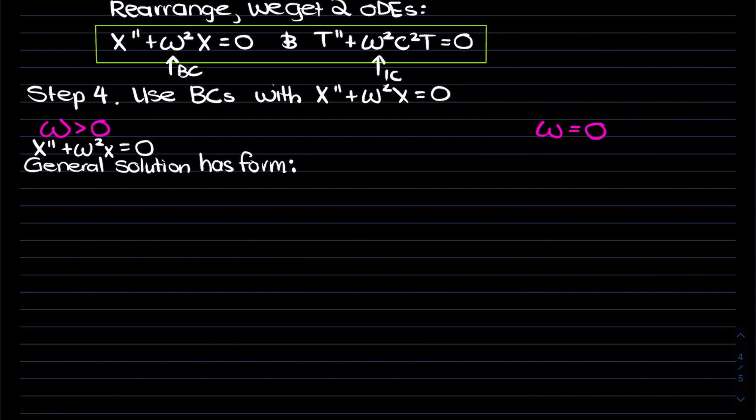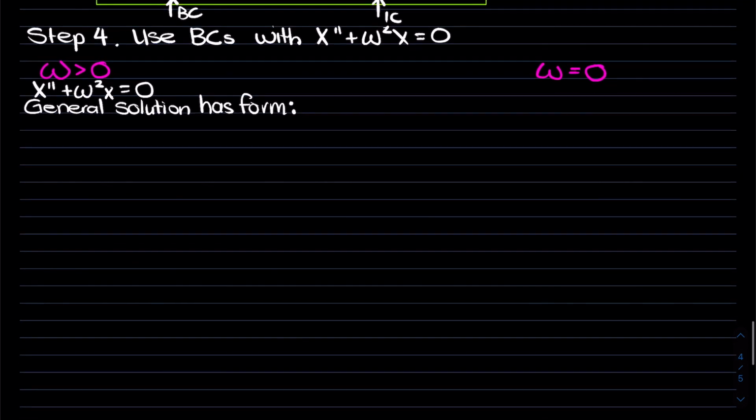This is just solving ordinary differential equations, so you should be familiar with this already. It's the form X(x) equals a cosine lambda x plus b sine lambda x, where a and b are some constants. Because we've got Neumann boundary conditions, we need to take the derivative of this before we can plug in our x values.